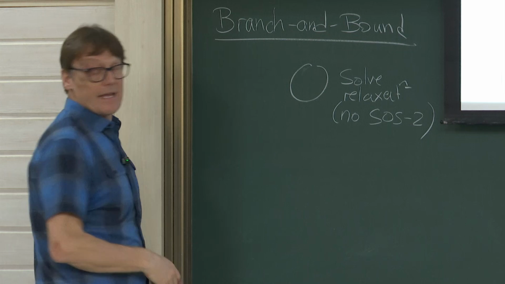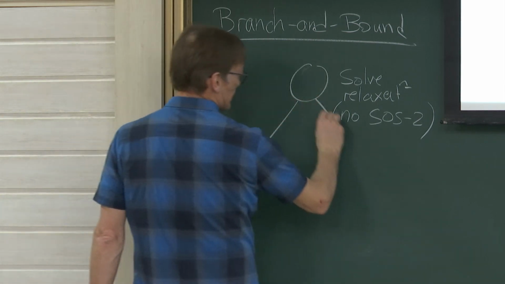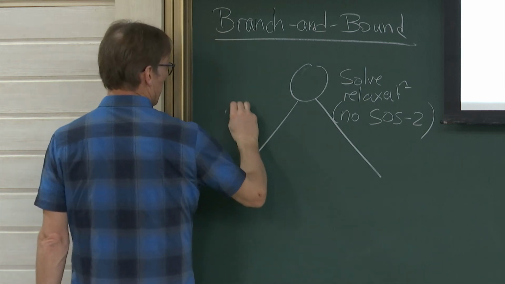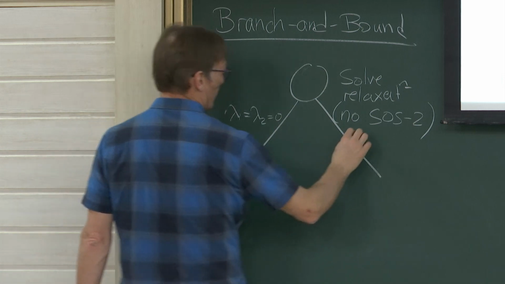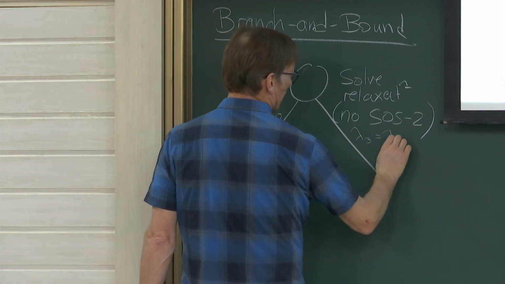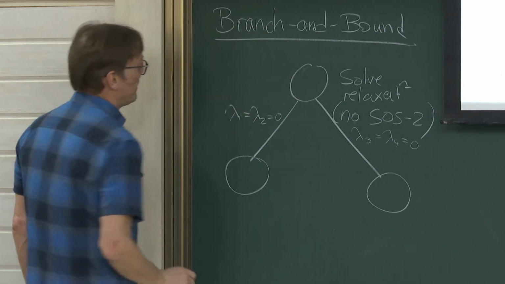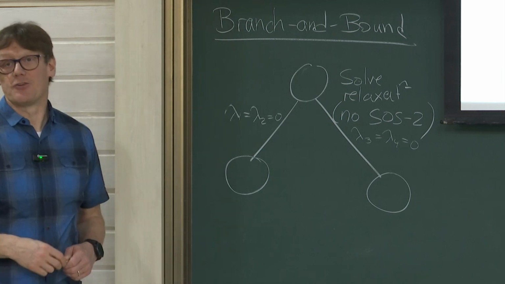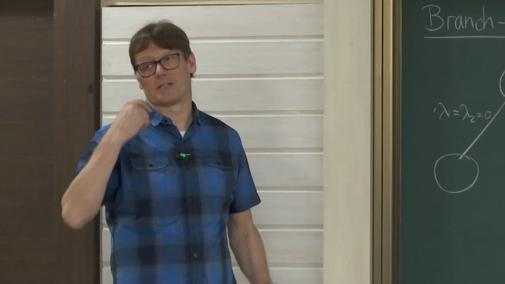And then we get a solution that violates this condition, and now we need to pick lambdas that we set to 0. So we say lambda 1 is equal to 0, or lambda 2 is equal to 0, or lambda 3, or lambda 4 is equal to 0. And we create two new problems. In this example, the two new problems satisfy the SOS condition now because it's so simple.